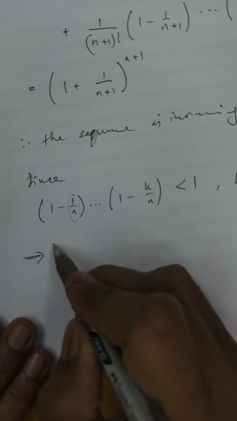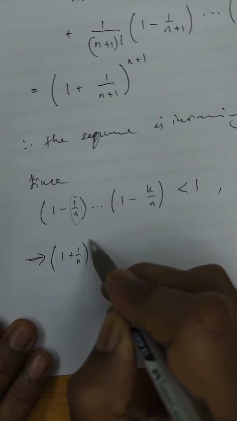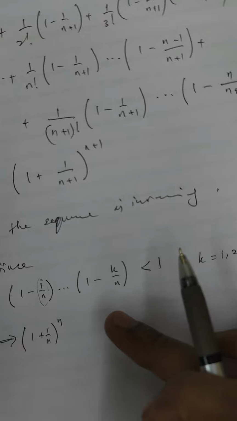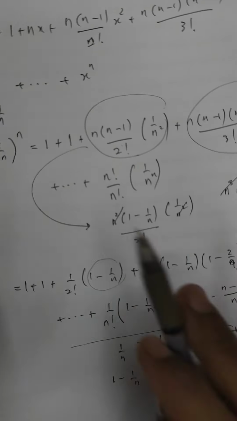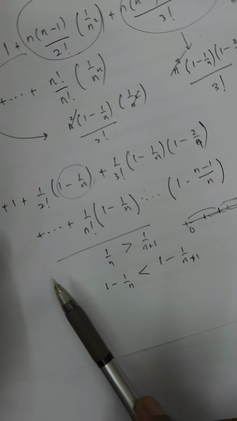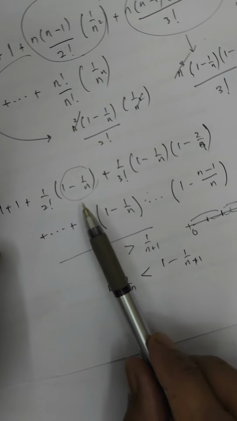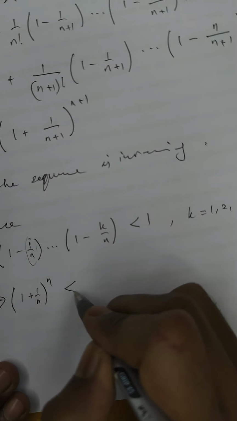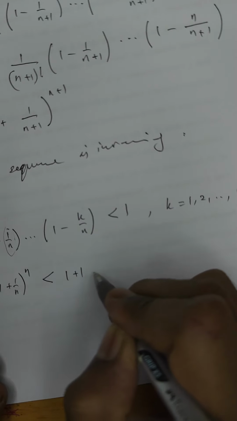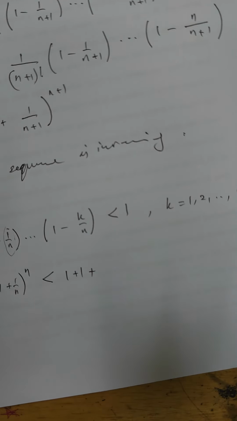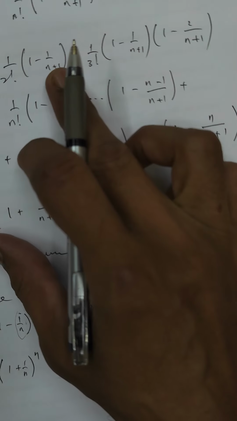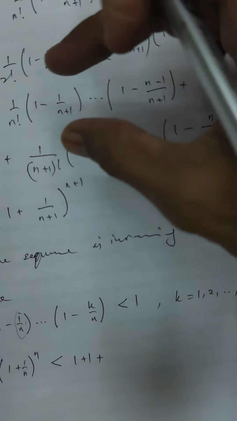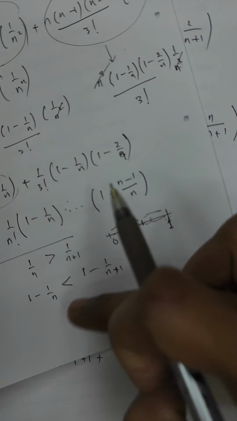So since those terms are less than 1, look at 1 plus 1 over n, to the power of n. Now look at each of those terms: this is less than 1, less than 1, everything is less than 1. So what we have is that this is less than 1 plus 1. Or you can look at it from here: this is for n plus 1, and this is for n.